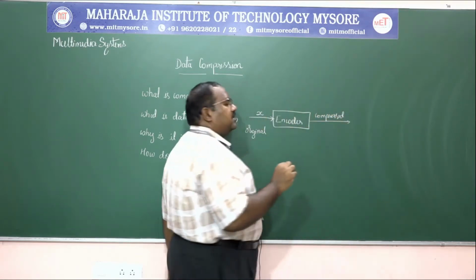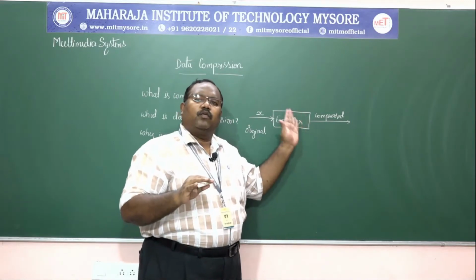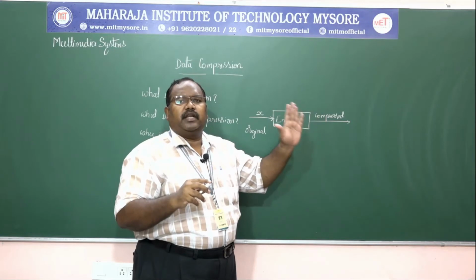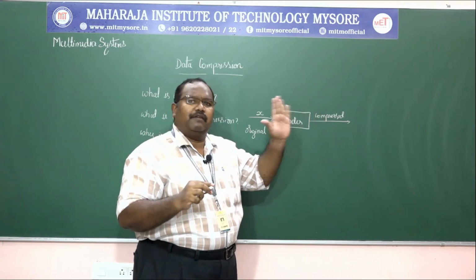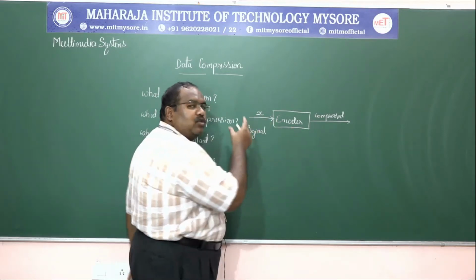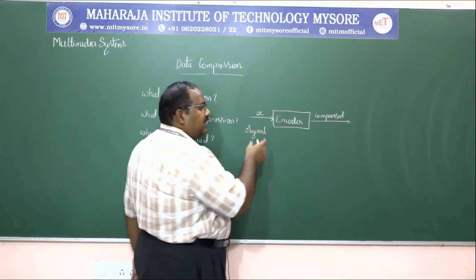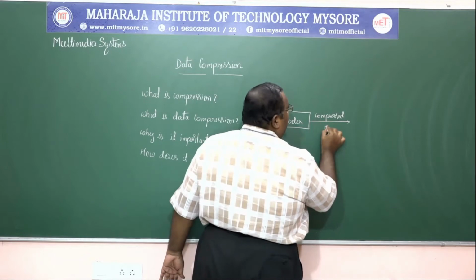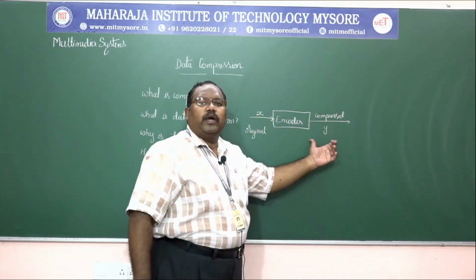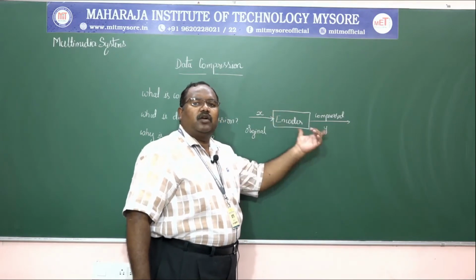How it is compressed, we will go through one by one in the subsequent sessions: the different compression techniques, algorithms, and how compression happens. The original data X is pushed into the process called the encoder, where it is compressed into the data Y. Now the compressed data is called Y.